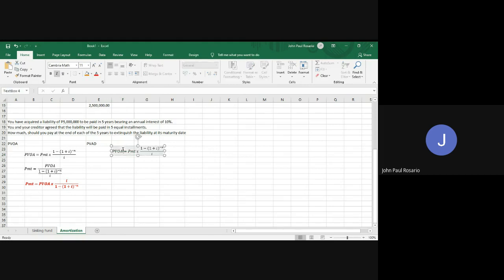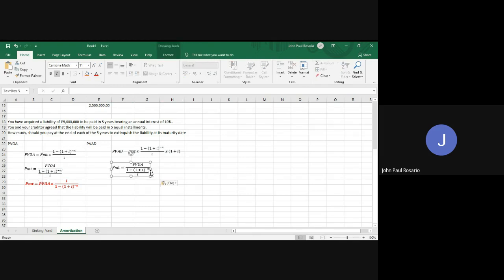For that, we change this into annuity due, and you simply have to add another expression here, which is times 1 plus i. By adding 1 plus i to our formula, it now becomes the present value of annuity due.